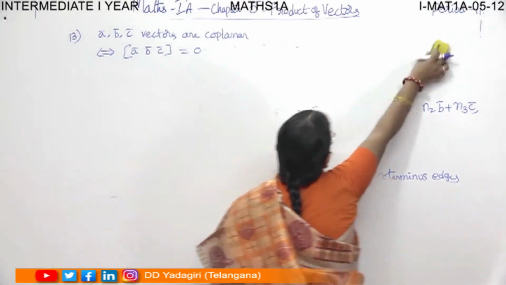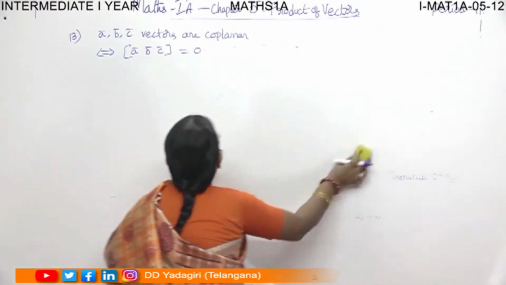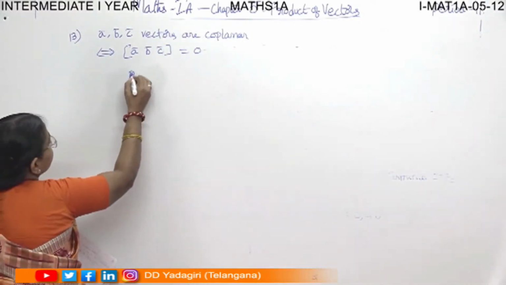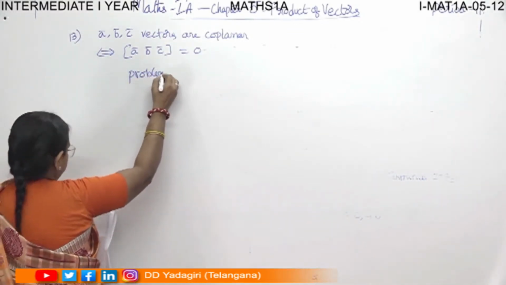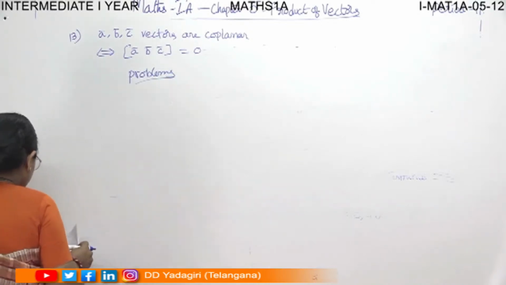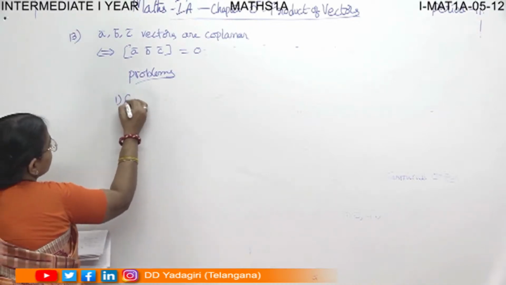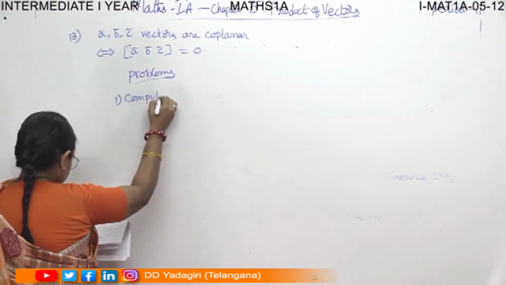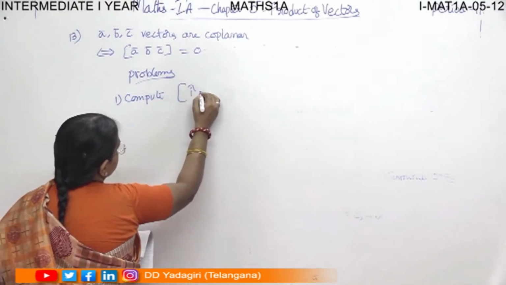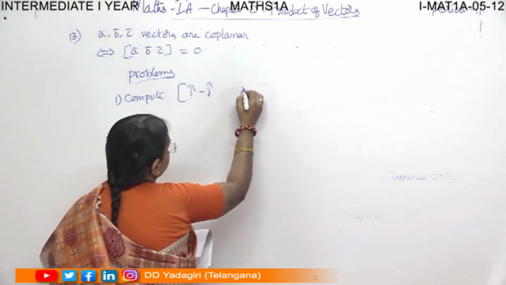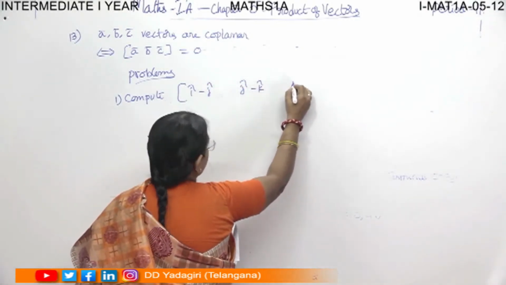Okay, now we'll do the problems. One or two problems we'll do, and then we'll complete. Next, first problem: compute the box product of i minus j, j minus k, and k minus i.